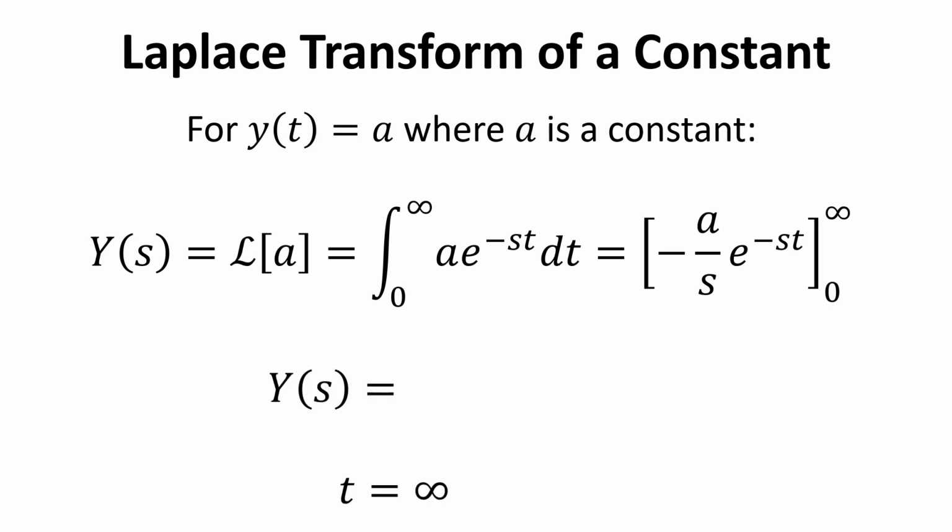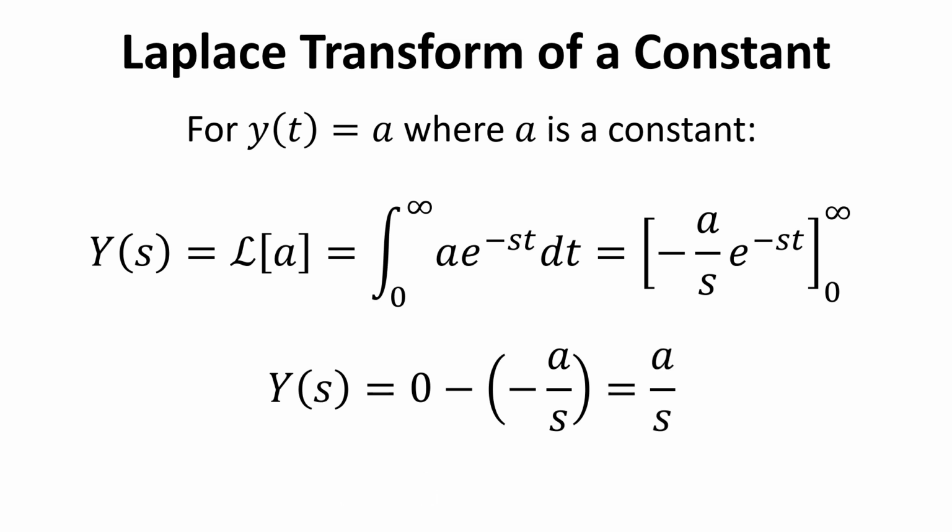When t equals infinity, we put that value in and just get 0. When t equals 0, e to the minus st goes to 1 and we get minus a over s. Tidying that up, we get a divided by s, and that is the Laplace transform of a constant.